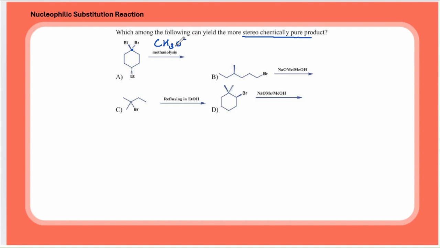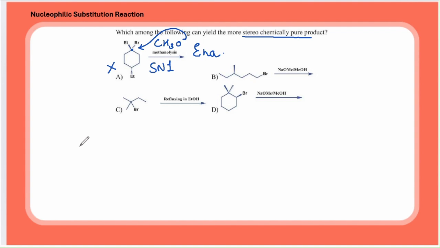So it's called methanolysis, right? So when it attacks the chiral carbon, it is undergoing SN1 as it is a tertiary halide, and you will end up with the enantiomers. So this is not A. The right option is not A.